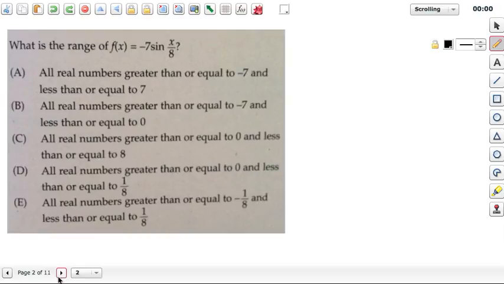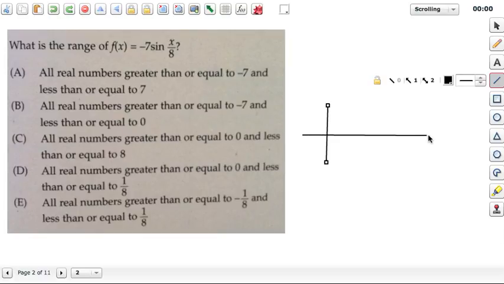I'd like you to pause the video and try this one, and then we'll go through this. Okay, so you might recall that this is a sinusoidal wave, and the amplitude is 7. I'm just going to sketch it out. And that negative sign basically means a reflection of the sine wave.